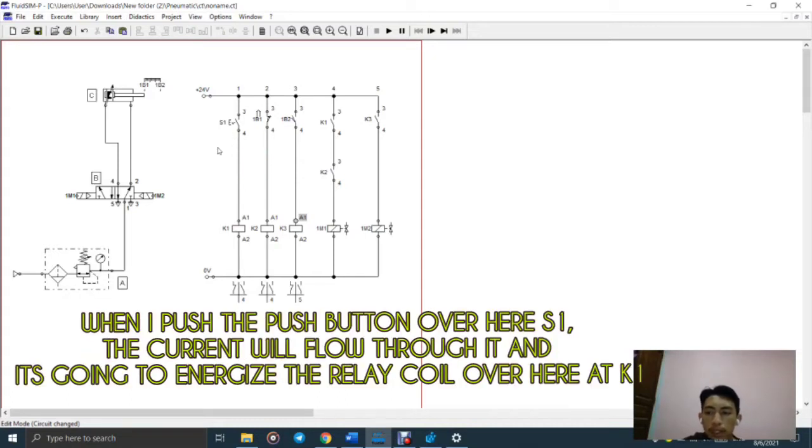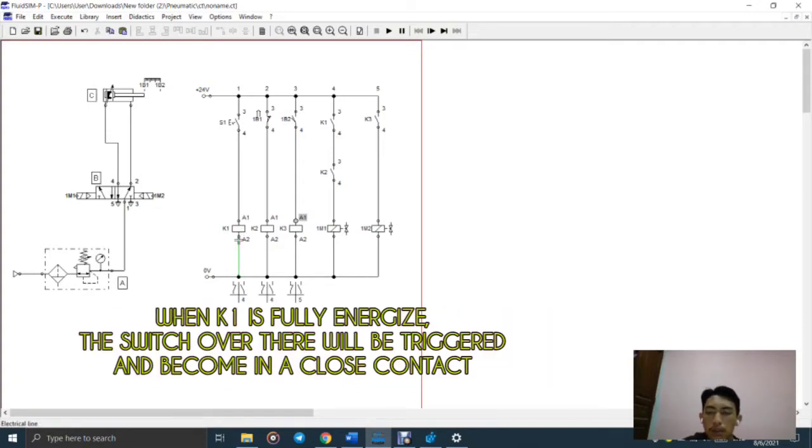When I push the button over here, which is S1, the current will flow through it and energize the relay coil at K1. When K1 is fully energized, the switch over here will be triggered and become a closed contact.